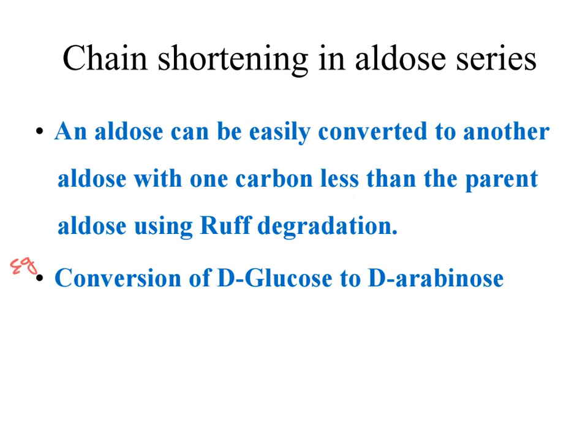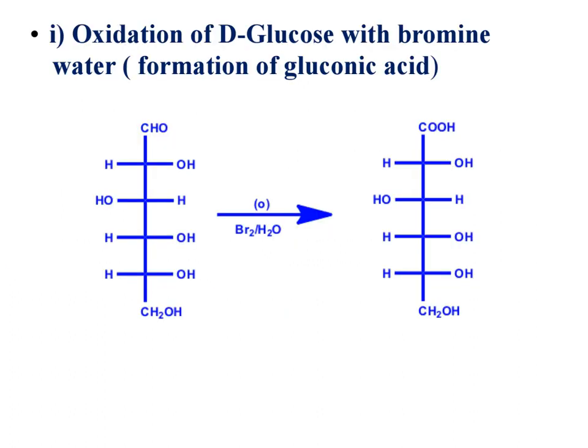Let's take an example: conversion of D-glucose to D-arabinose. Here D-glucose is a 6-member carbon chain length, and D-arabinose is a 5-member aldose. How can we convert D-glucose to D-arabinose? We have to perform a series of reactions. The first step is oxidation.